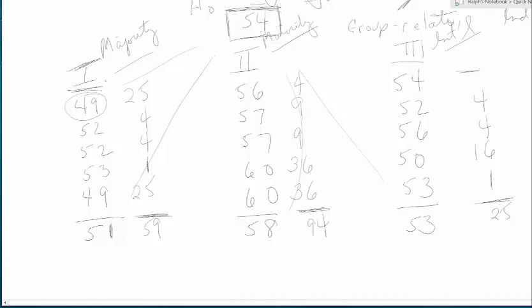So if we add the 25, the 94, and the 59, we have 178 total squared units. And that's considering everyone as being part of the one group. There are 178 squared units away from that grand mean.